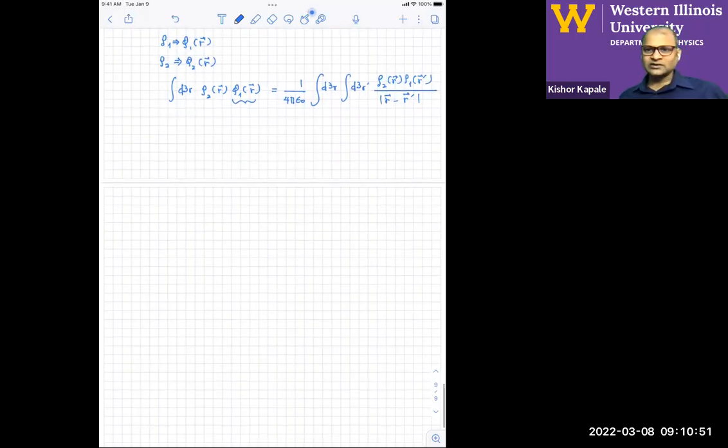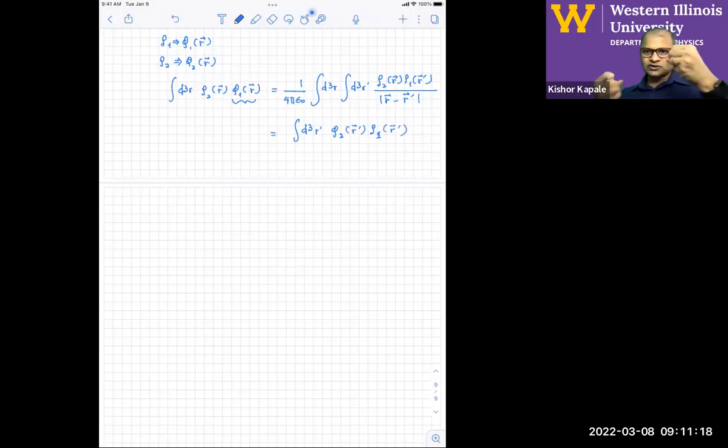Everybody with me so far? And then I can rewrite this, just rearranging things. I want it to look like now just the integral over d cube r prime. And I can do that if we take the phi 2 of r prime and rho 1 of r prime.